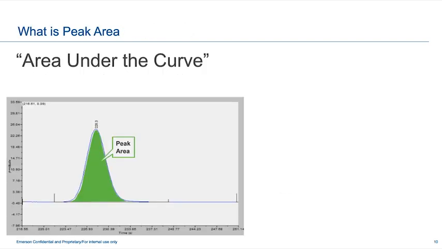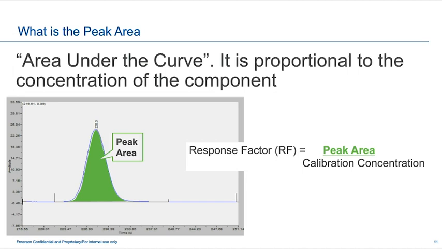So one thing we can look at is what is peak area. In simple terms, it's the area under the curve. It is the signal produced by the component for the Wikipedia definition, and it's proportional to the concentration of that component. It should be noted that peak height instead of peak area may be used for long and flat peaks, where the peak start and end determination may not be reliable.